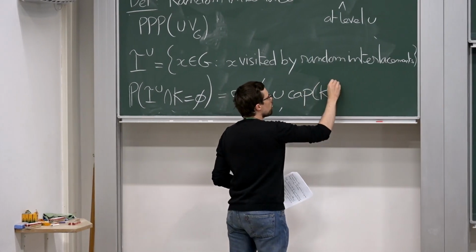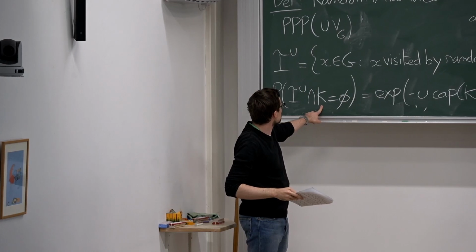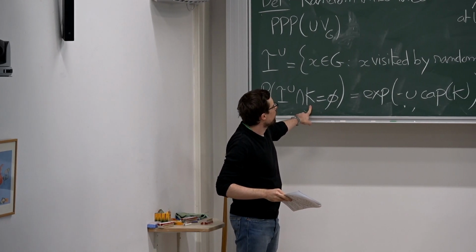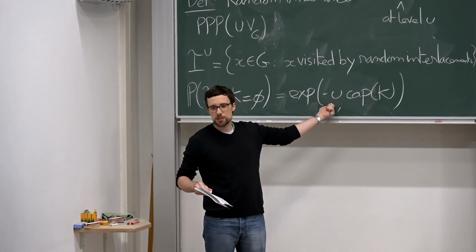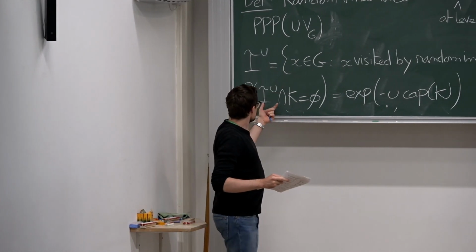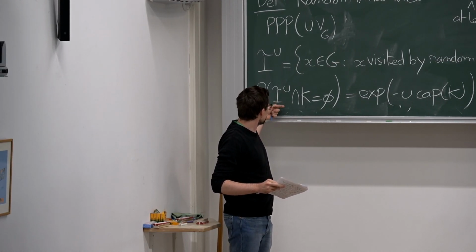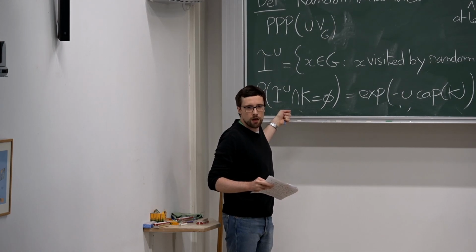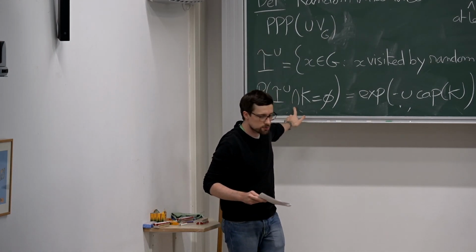Well, the only way for your interlacement set to avoid K is that there is no trajectory in K, that is, that your Poisson random variable with parameter u times capacity is equal to 0, which is exactly that. Okay? But note that this can serve as a definition of your interlacement if you want. I mean, then you need to prove that it exists, but there is only one random set which verifies this equality here, and it turns out that this is constructed as a Poisson point process.